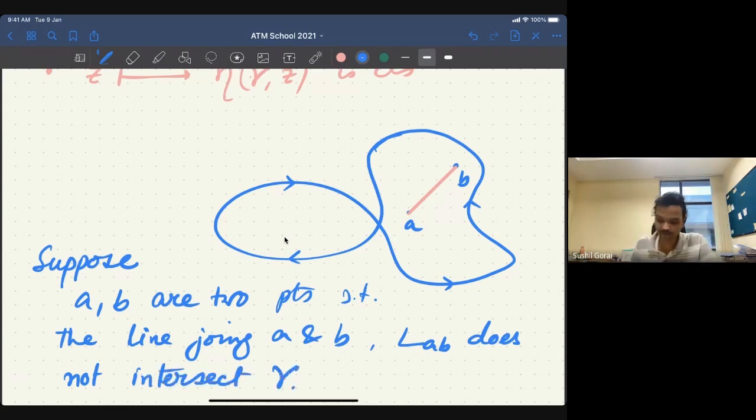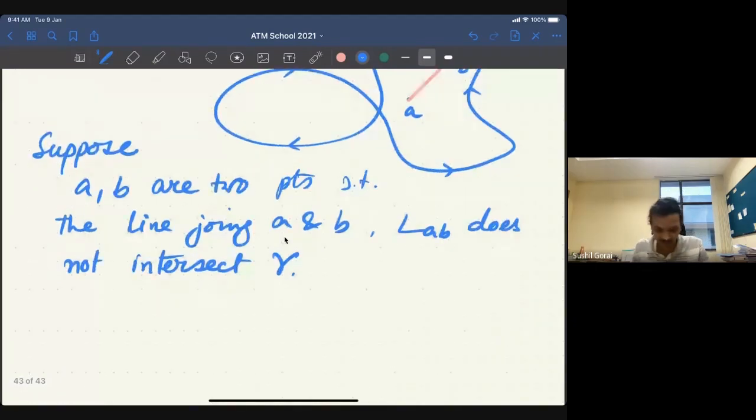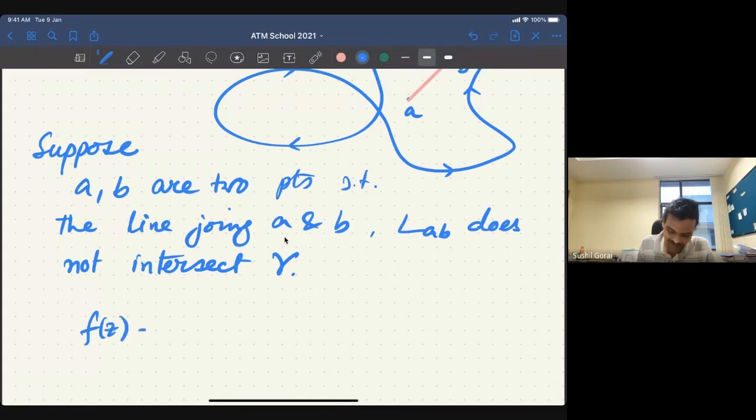All right. Now consider the function f of z to be z minus a by z minus b. This is a very nice function.